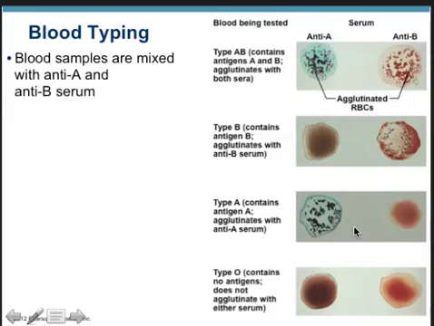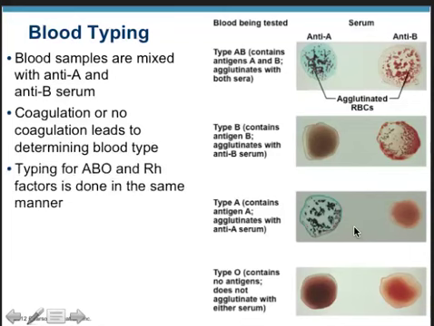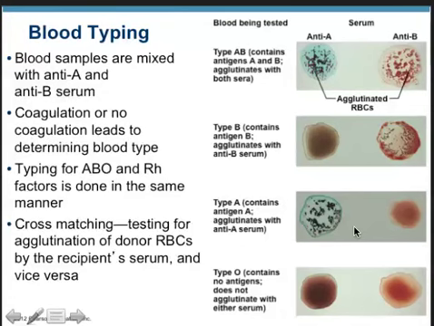So the blood samples are mixed with the antisera. Agglutination or no agglutination leads to determining the blood type. The ABO type and Rh factor are usually determined at the same time. Cross-matching is where we test for agglutination of the donor's red blood cells by the recipient's serum and vice versa.